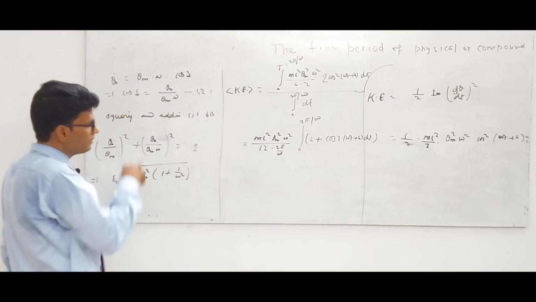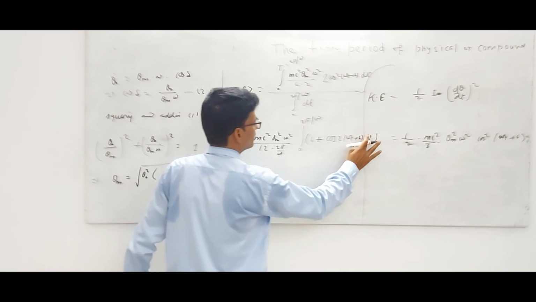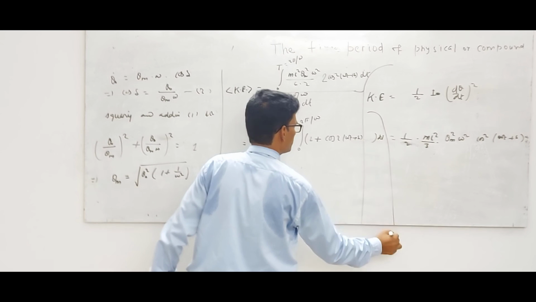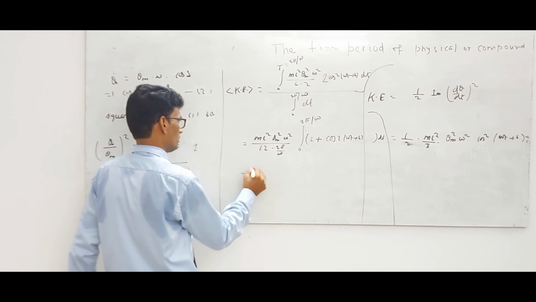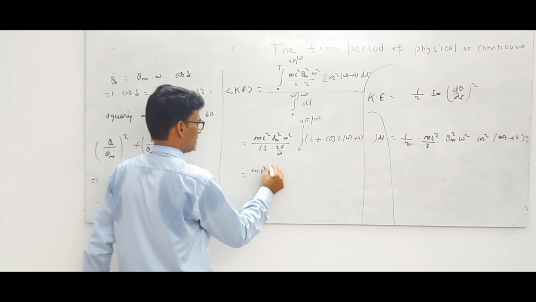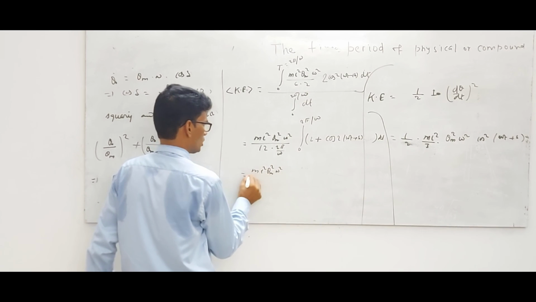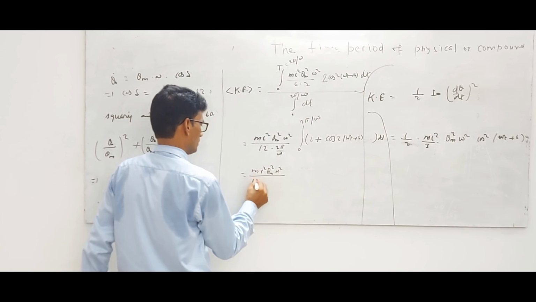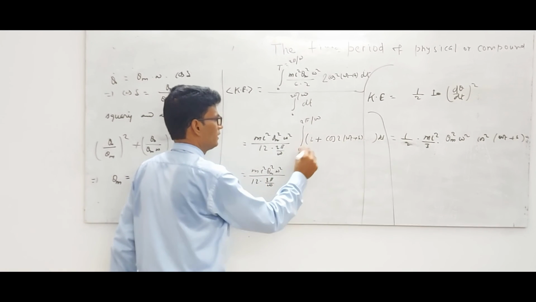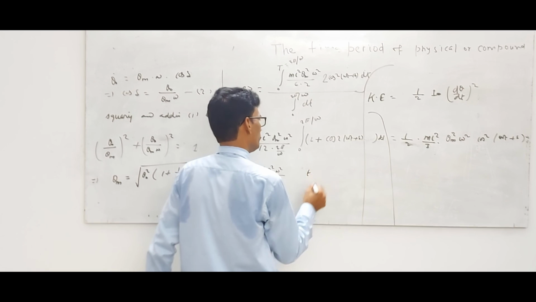Now we have to find the integral. There is one dt taken out. So this is ml square theta maximum square omega square over 12 into 2 pi over omega. Here dt becomes t.